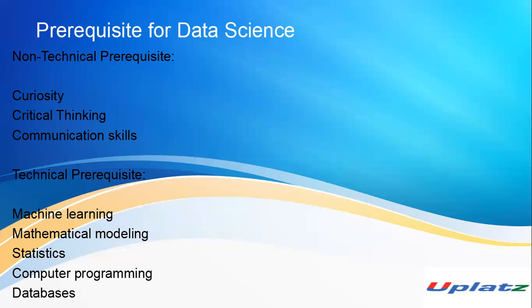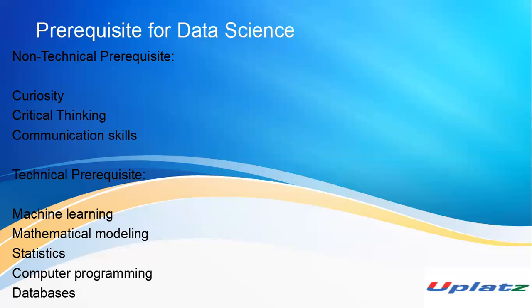Mathematical modeling is required to make fast mathematical calculations and predictions from the available data. Then statistics. A basic understanding of statistics is required, such as mean, median, or standard deviation. It is needed to extract knowledge and obtain better results from the data.